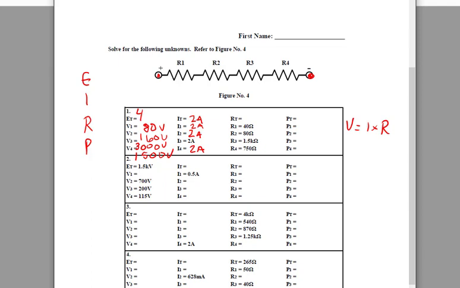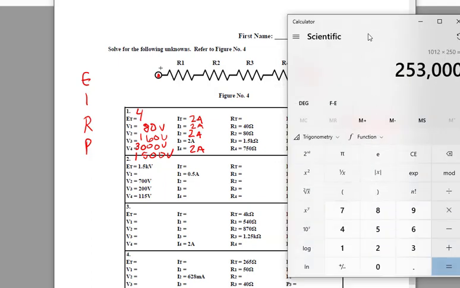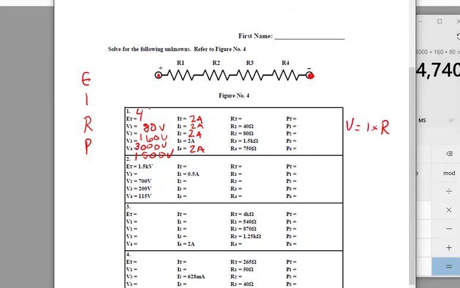So I'm going to bring this up, and we go 1,500 plus 3,000 plus 160 plus 80, 4,740. Again, I want that: 4,740 volts. Now you have the voltage and the current.